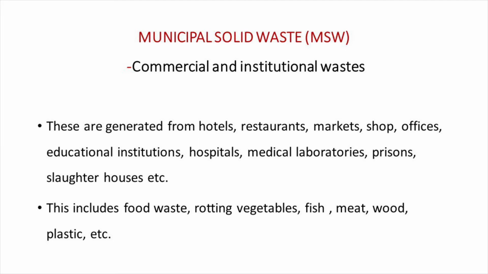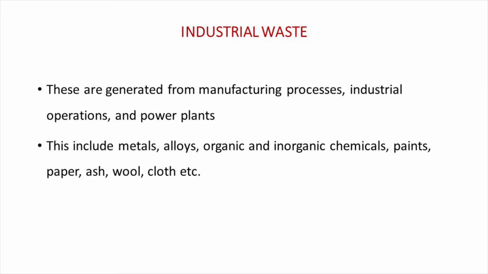Another category of solid waste based on origin is industrial waste. These are solid waste from manufacturing processes, industrial operations and power plants. This includes a large number of materials because each industrial unit produces its own unique waste.